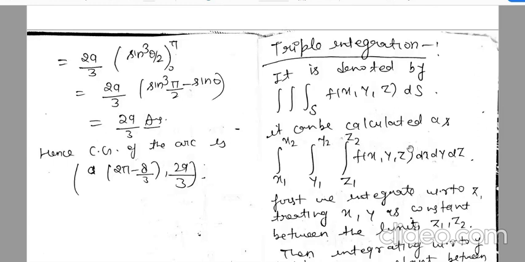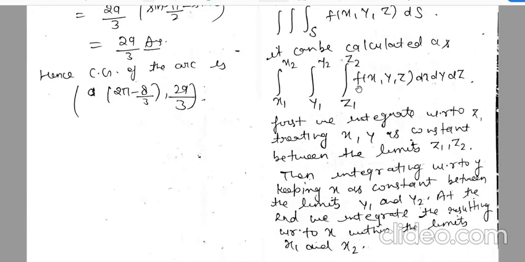It can be calculated as the integral from z1 to z2, y1 to y2, x1 to x2 of f(x,y,z) dx dy dz. So if you write the first limit z1 to z2, your integrand will be dz here. If you write y1 to y2, your integration goes with respect to y, the second integration. And in the last one, the outer integral is x1 to x2. That means your outer integral will be with respect to x here, right?